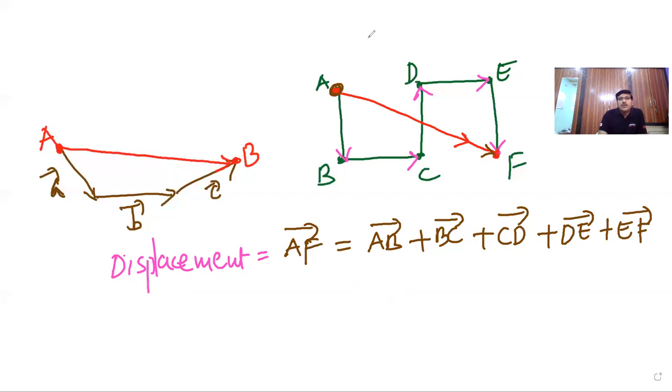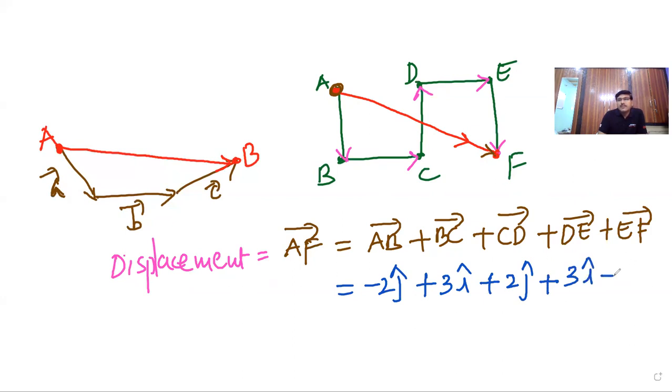Clear? Now, what are those things? Just let us add these. AB, just now calculated, the vector downward, minus 2 j cap. BC, 3 i cap, positive x-axis. Up again, positive 2 j cap, then positive 3 i cap.